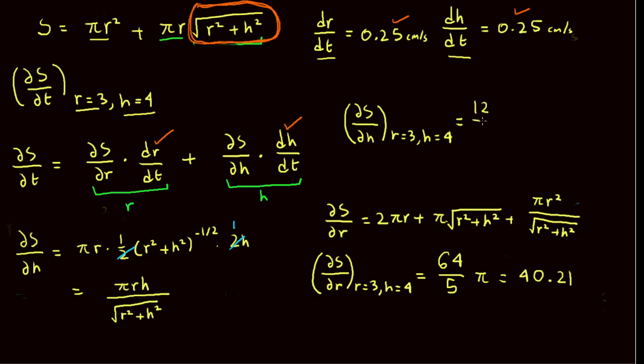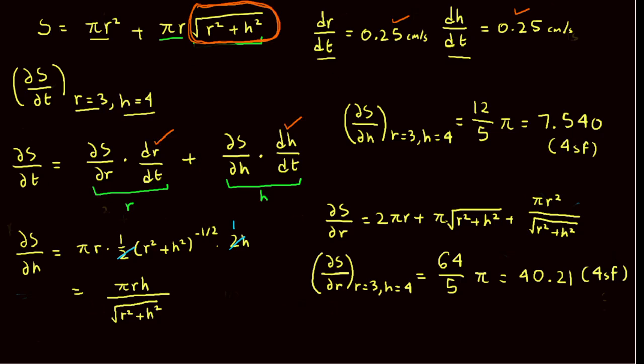Okay, 12 over 5 pi. If you want to write it in a not so fancy way, it's going to be 7.540 actually. So we're just keeping it to 4 significant figures, right?